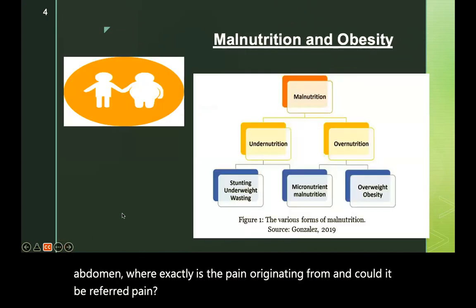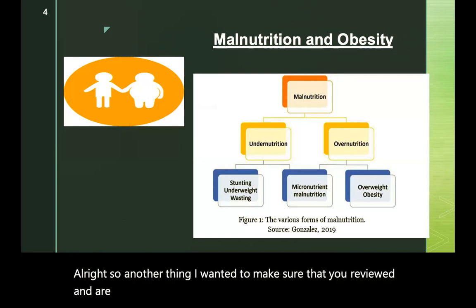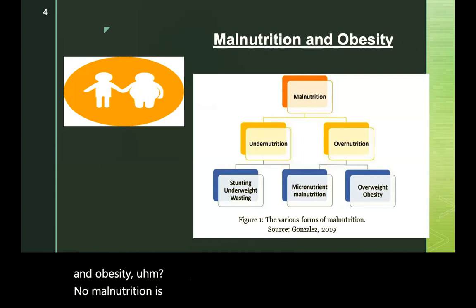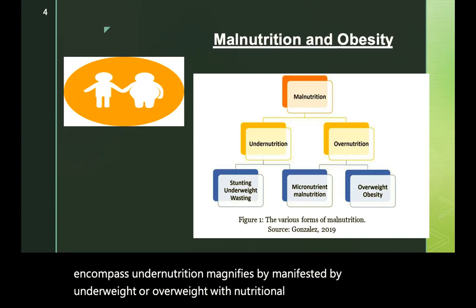All right, so another thing I wanted to make sure that you reviewed and are very conscientious about understanding are malnutrition and obesity. Malnutrition is a common concern globally and can encompass undernutrition manifested by underweight or overweight with nutritional deficiencies.